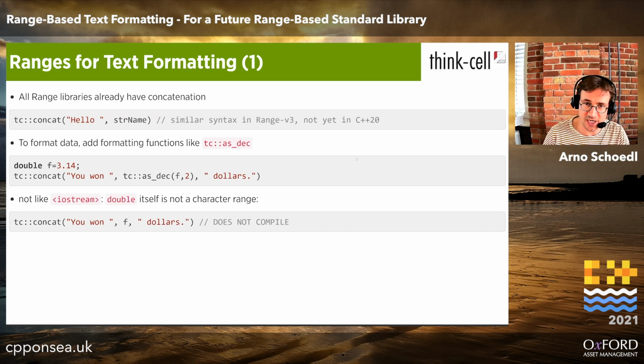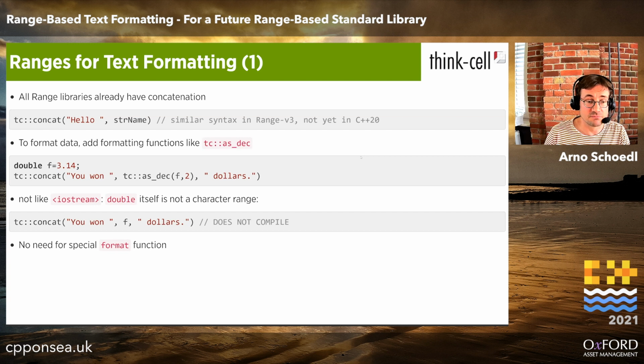It doesn't have the semantics of a string. So that's why there is this extra formatting function that tells you how to turn that double into a string. Maybe with doubles it's less likely, but with integers, maybe you don't want it as a decimal. Maybe you want a hexadecimal or an octal, and you can express that very easily.